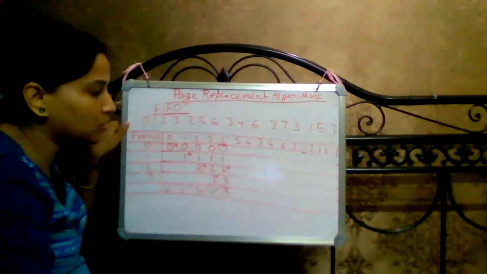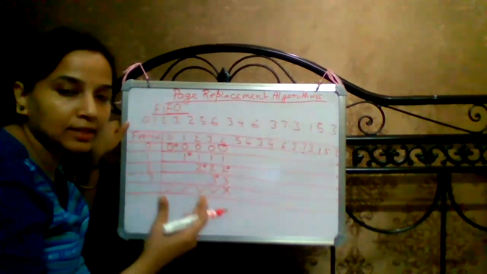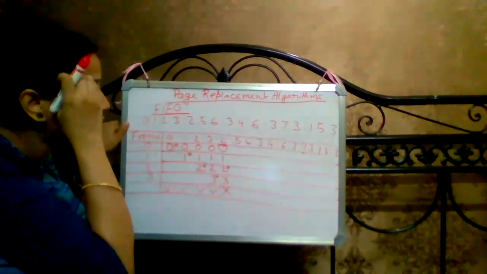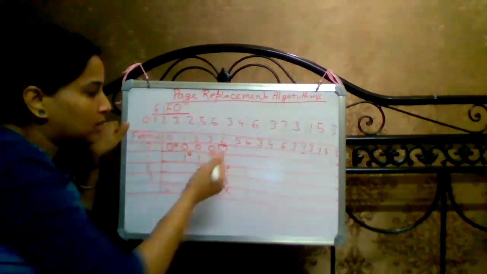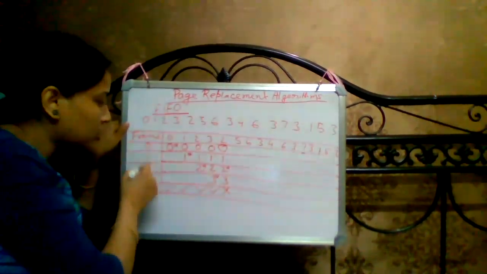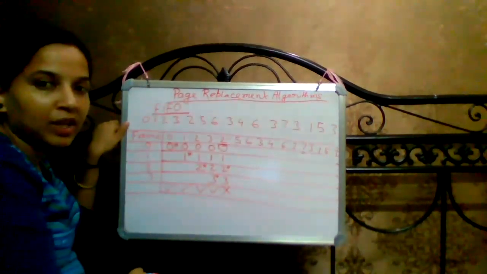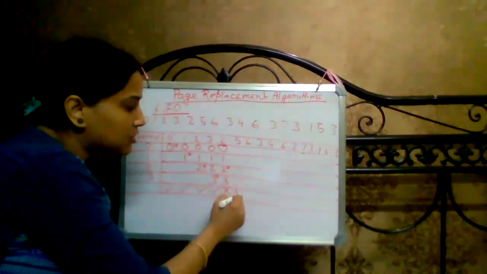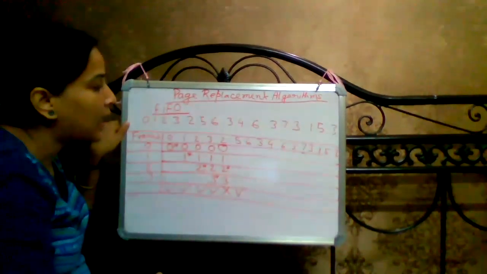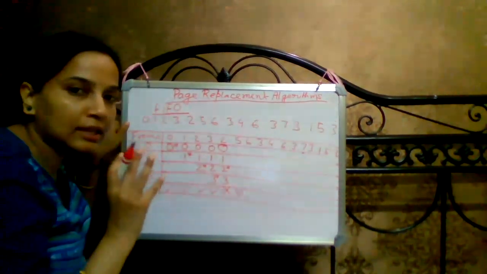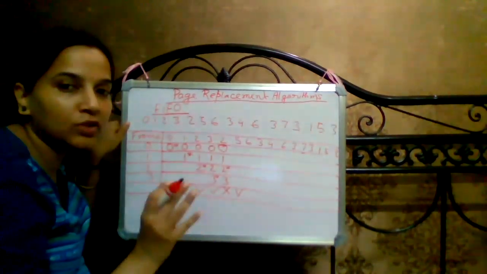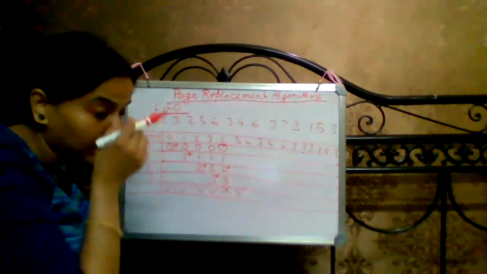Next is 5. Now the thing is which page is replaced. If 5 is not present in these 4 frames, then obviously a page fault occurs, and then we select the victim page which is replaced by this page.